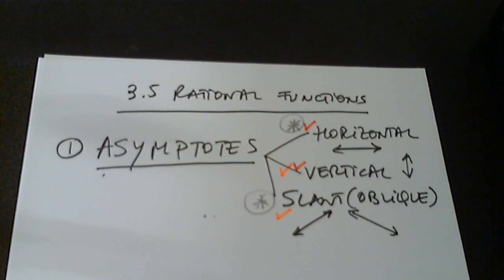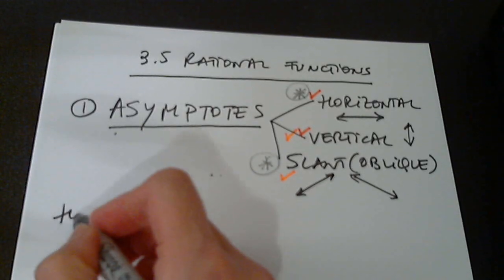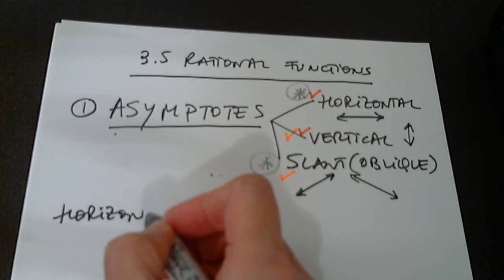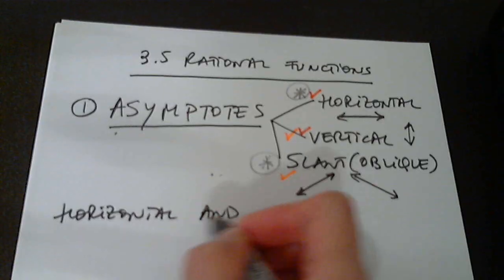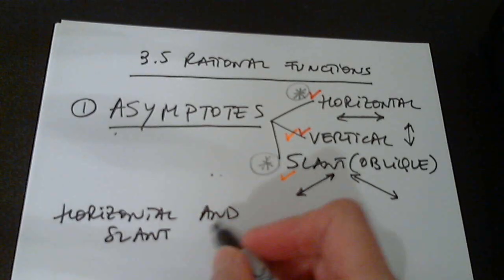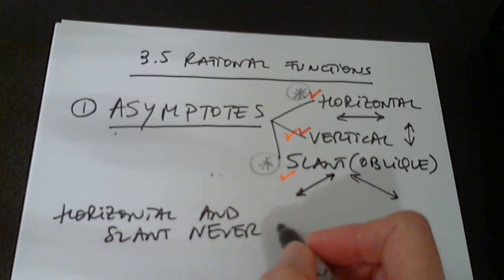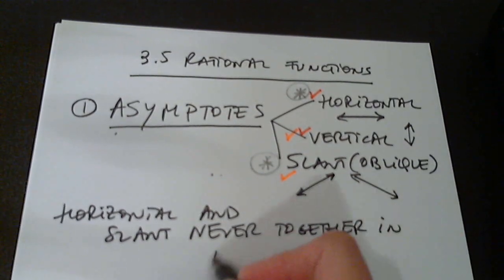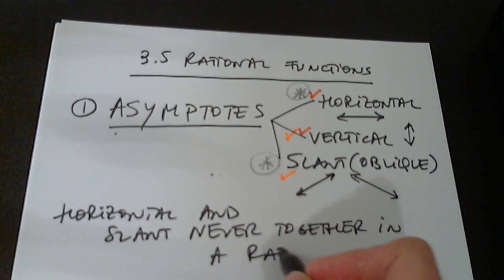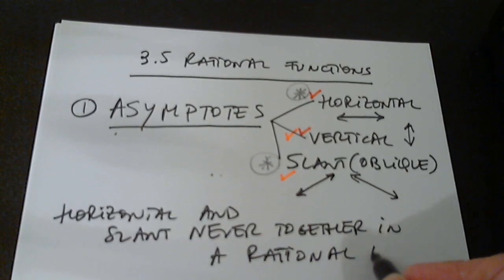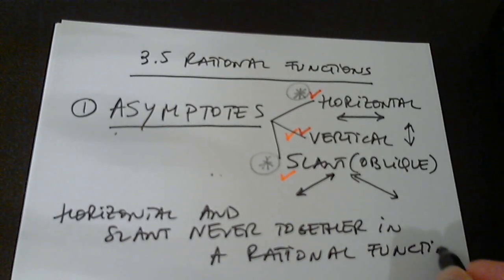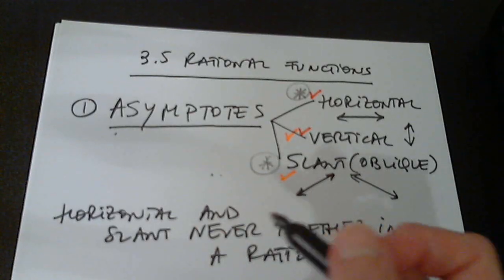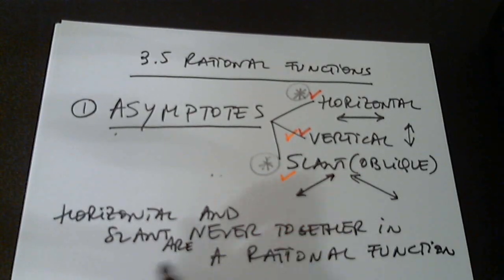So I'm going to write horizontal and slant, never together, in a rational function. Let me make it a sentence.